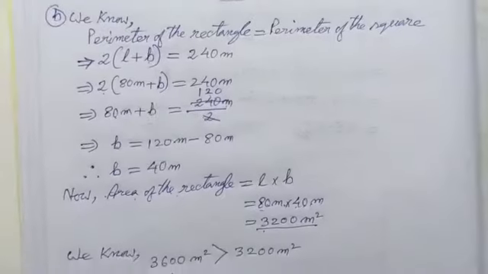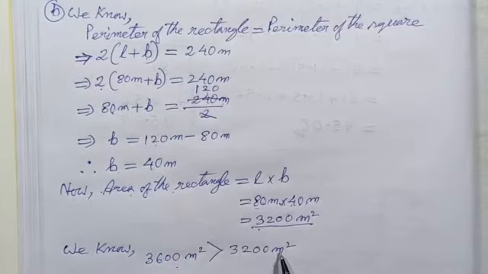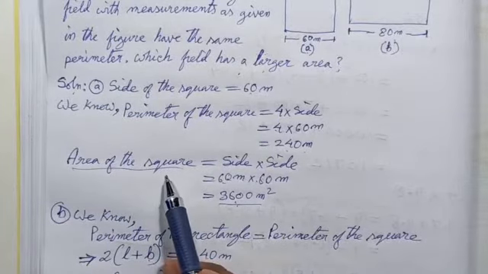Since 3600 meter square is greater than 3200 meter square, and 3600 meter square is the area of the square, the area of the square is larger.